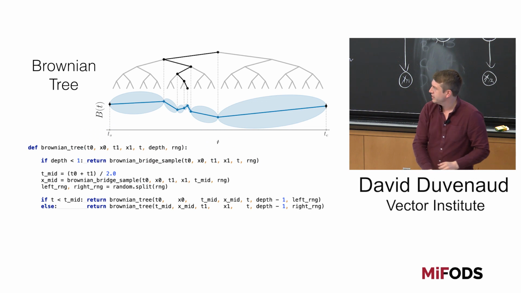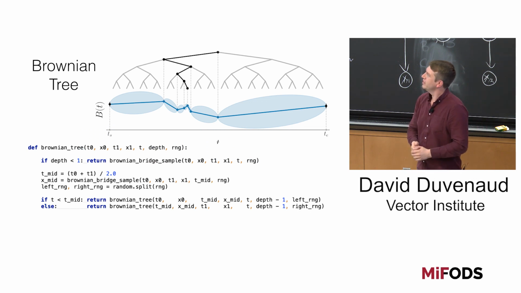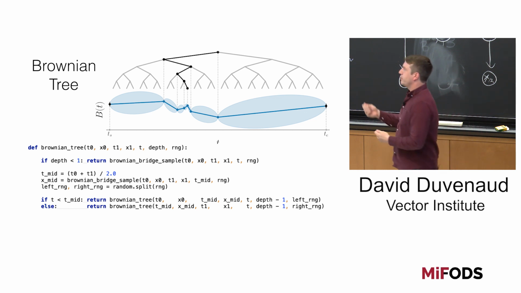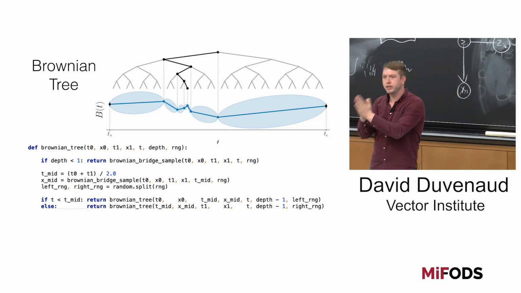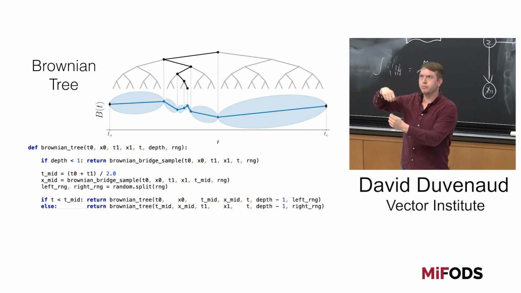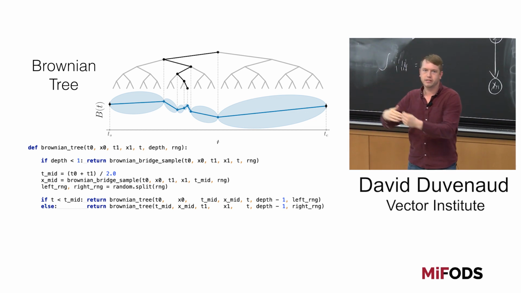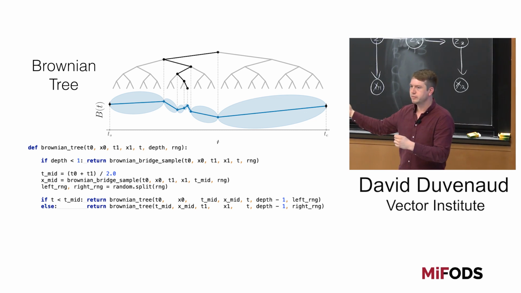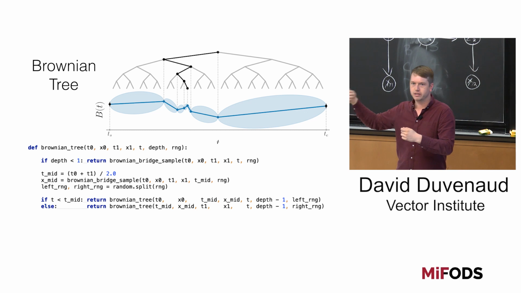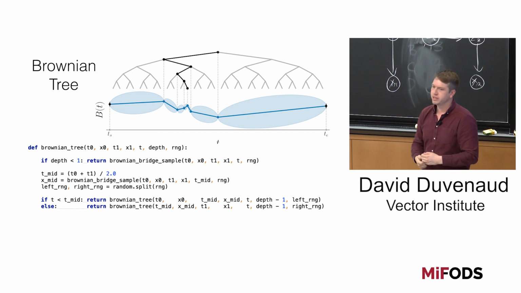So this has a really nice recursive definition. It's one of these algorithms from the book. The point is that to get within epsilon of the location that I wanted to sample, I have to pay only log 1 over epsilon steps. So we pay a little bit more computationally compared to sampling a single Gaussian, but it's only a factor of log of 1 over epsilon. Okay, any questions about this trick?